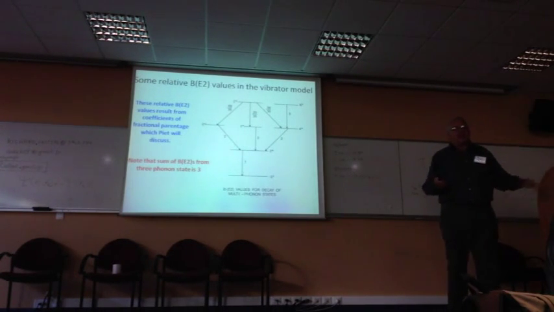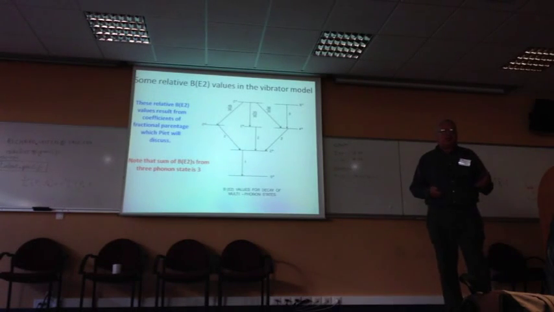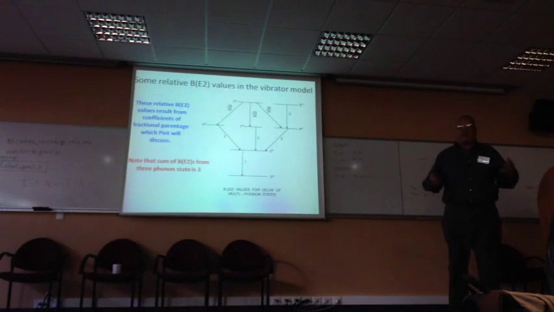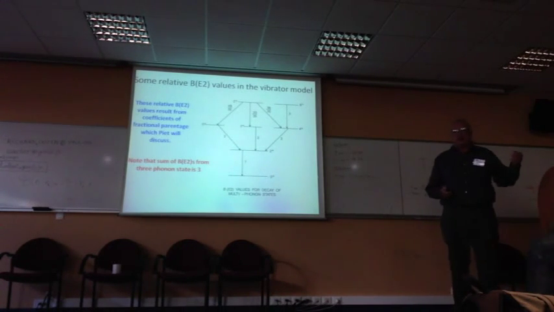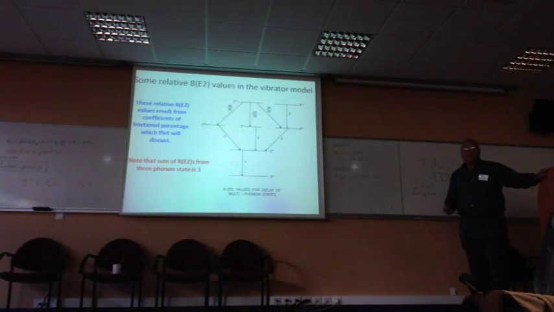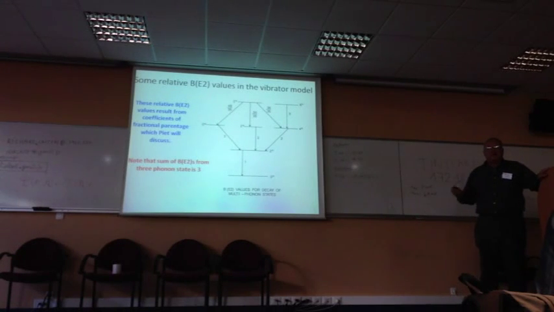It predicts that the forbidden ones are 0, and in fact they're 3 to 10% of the allowed ones, and that's relatively good agreement. By the way, if you do any kind of analysis of a spectrum and compare with theory, when you talk about theoretical uncertainties, you have to fold in that kind of idea.